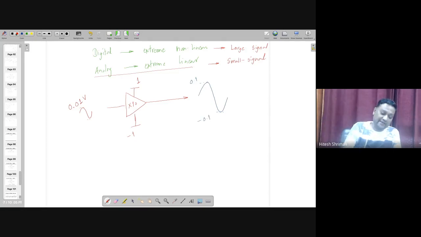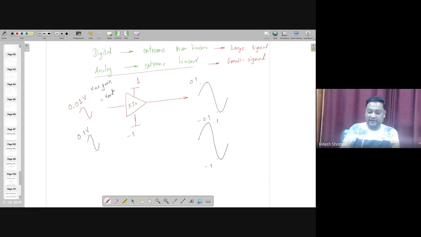If I am applying 0.1 volt plus or minus, I am going to see this one as 1 and minus 1. So still there is no problem. When you multiply V in with respect to the gain given in this triangle, you are going to have the V out. It's a linear relation, right?